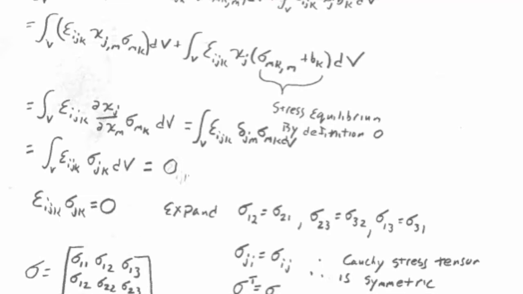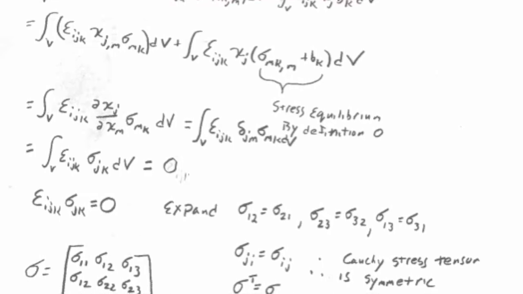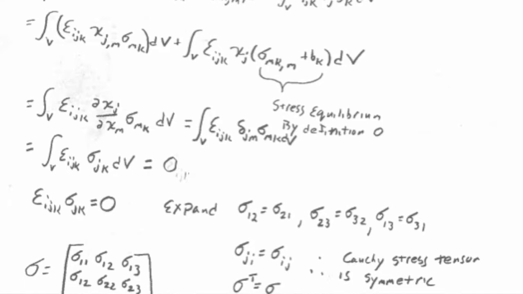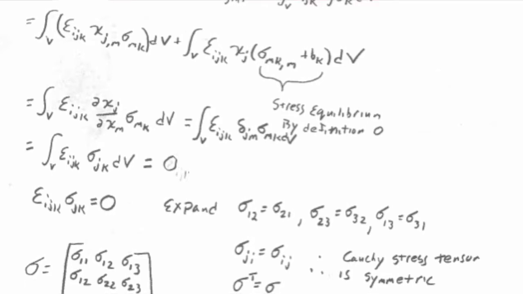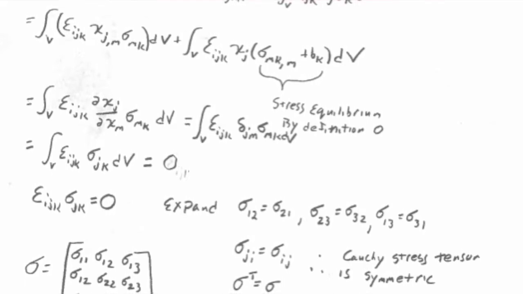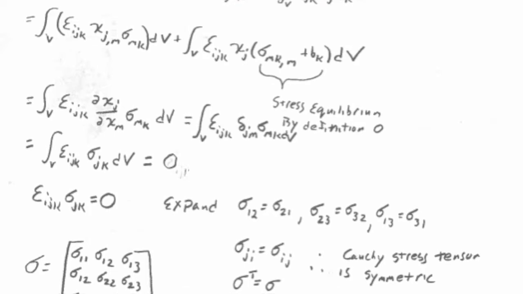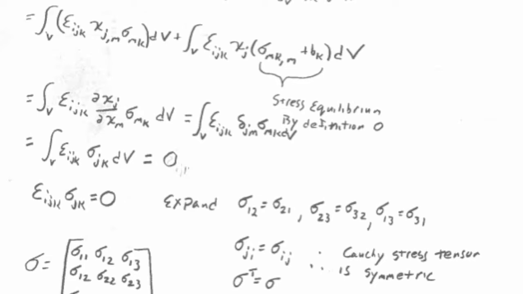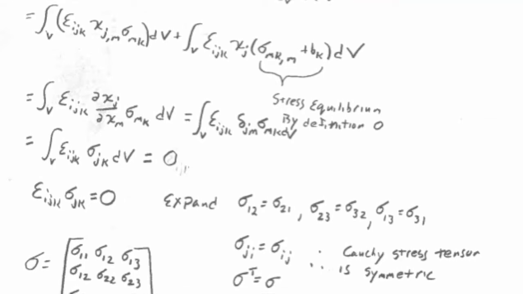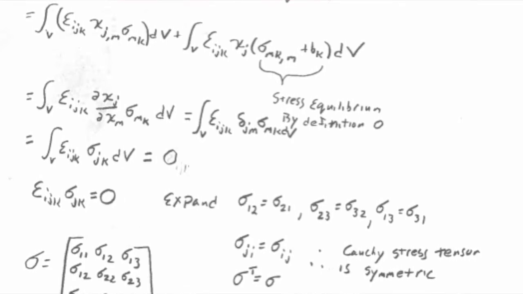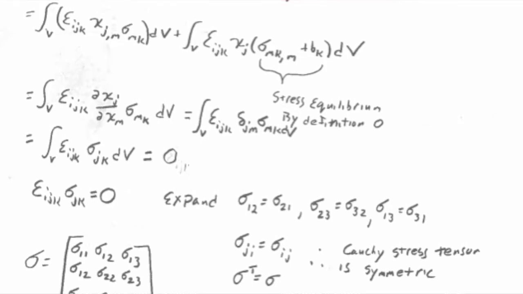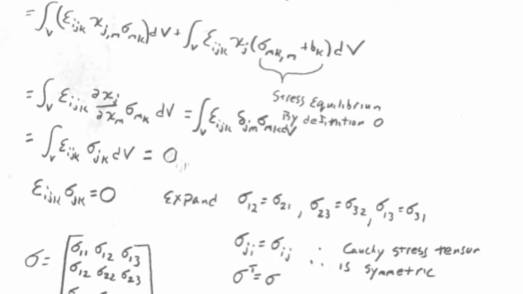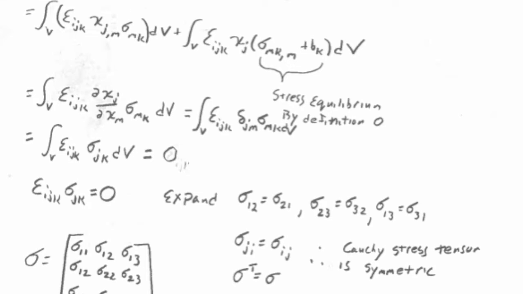And so here, for any combination, well, if the diagonal components of stress, 1,1, 2,2, and 3,3, all of these terms are 0, right? Because if we have 1,1 here, we have a repeated index in the epsilon, and we always will have a repeated index in the epsilon. So the diagonal components of stress don't contribute to this.